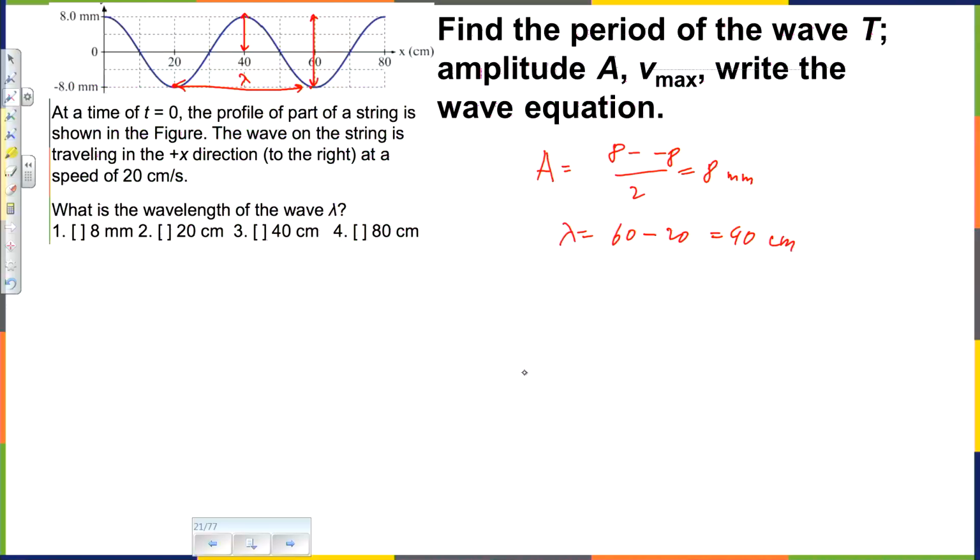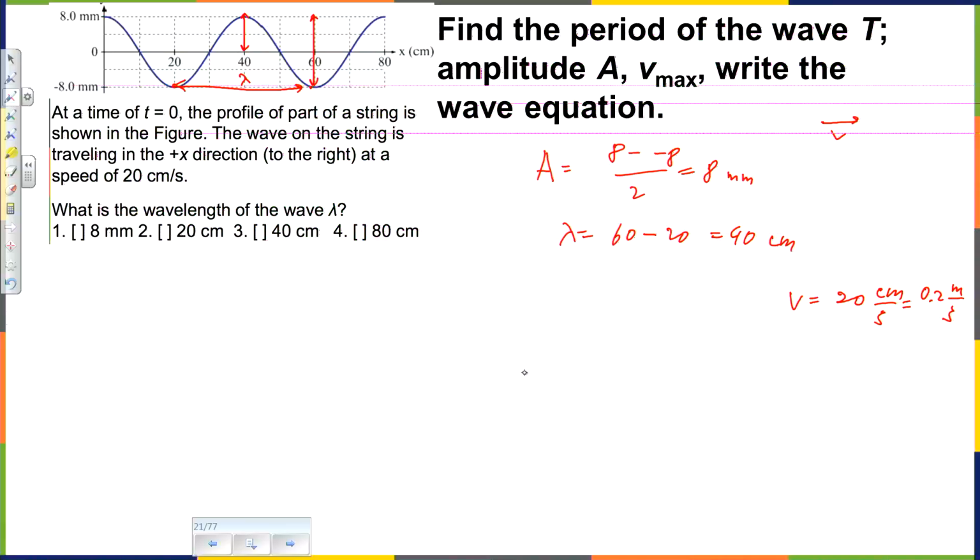We should keep an eye on units. And where else can we find? Well, it travels to the right, and the speed equals 20 centimeters per second, or 0.2 meter per second. And that's it.